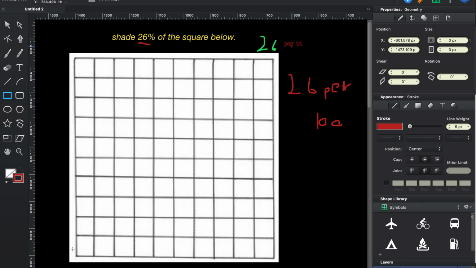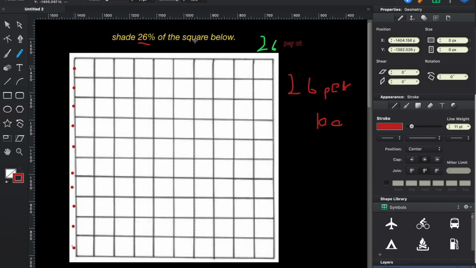So we have 1, 2, 3, 4, 5, 6, 7, 8, 9, 10.